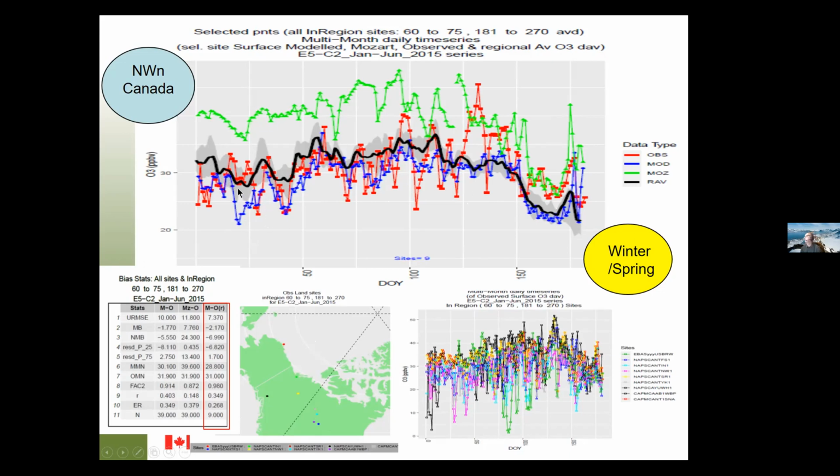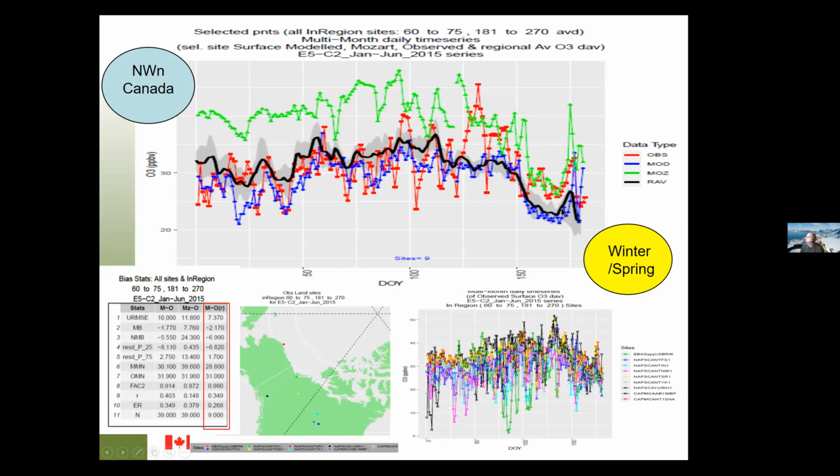The reason I've done that is because I wanted to know how representative the select sites were for the full portion of the domain. It's all very well getting it right or wrong compared to the observations, but if it doesn't represent the area that you're considering, you're misinterpreting what that means in terms of how you're representing the processes going on throughout that region.